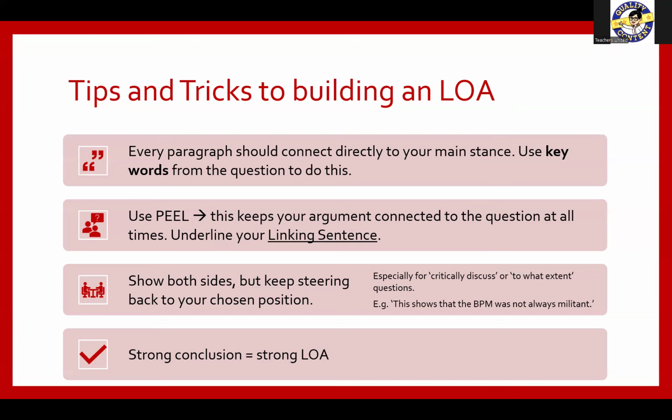I don't know if you're following what I'm saying there, but always steer back to your chosen position, even if you're saying something that is not in line with what you said in your introduction. So if in your introduction you're saying to a great extent, and then there's something in the essay that is to a lesser extent, then you just make sure that your line of argument proves the impact that thing had. And remember, last thing, a strong conclusion equals a strong line of argument.